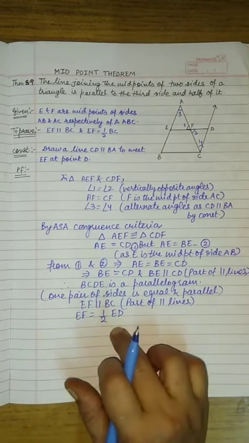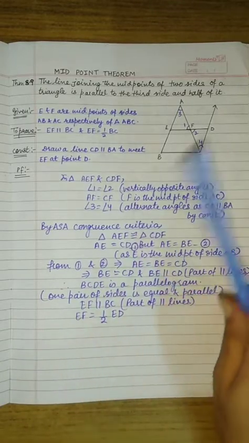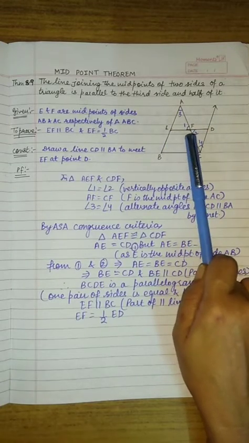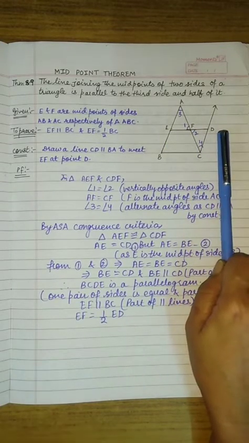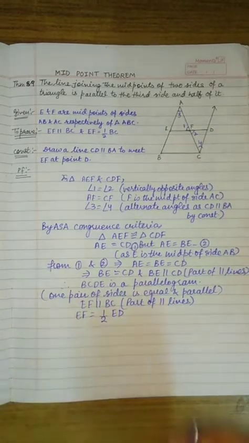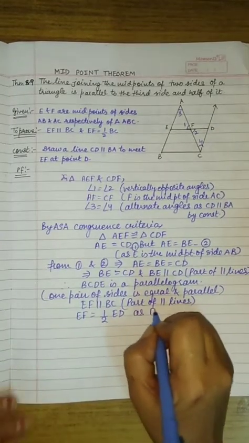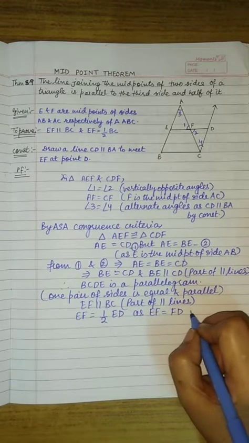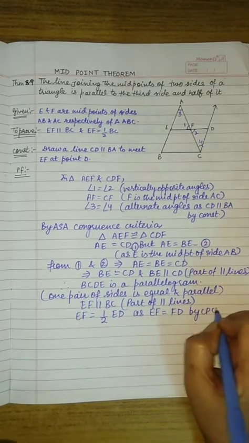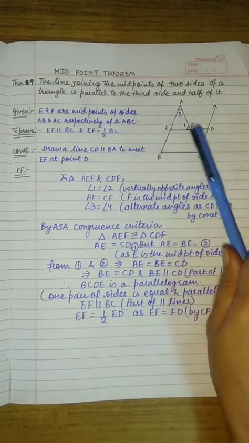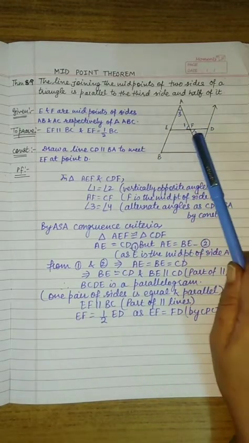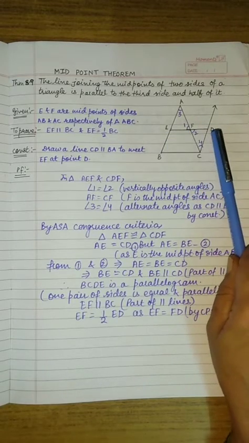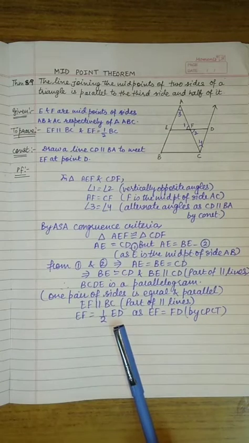Why is EF half of ED? Because by CPCT EF is equal to FD. We have made these two triangles congruent, so their corresponding parts are also equal. So EF is equal to FD. It means EF is half of ED.